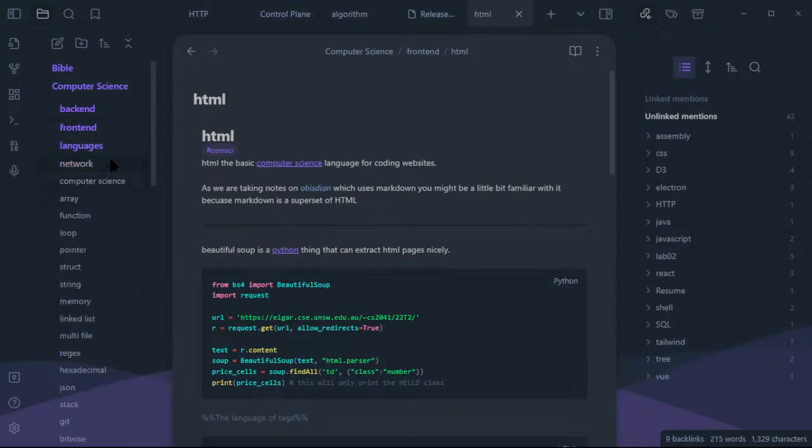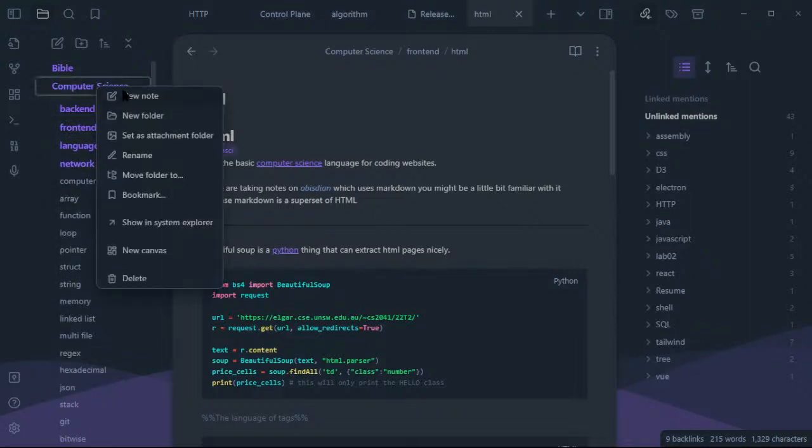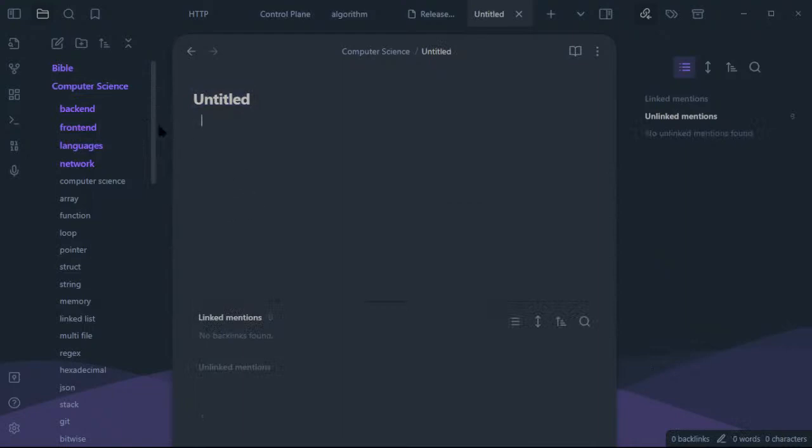Got networks. Let's make a new node. I think we'll just call it computer science. No, not a new node.